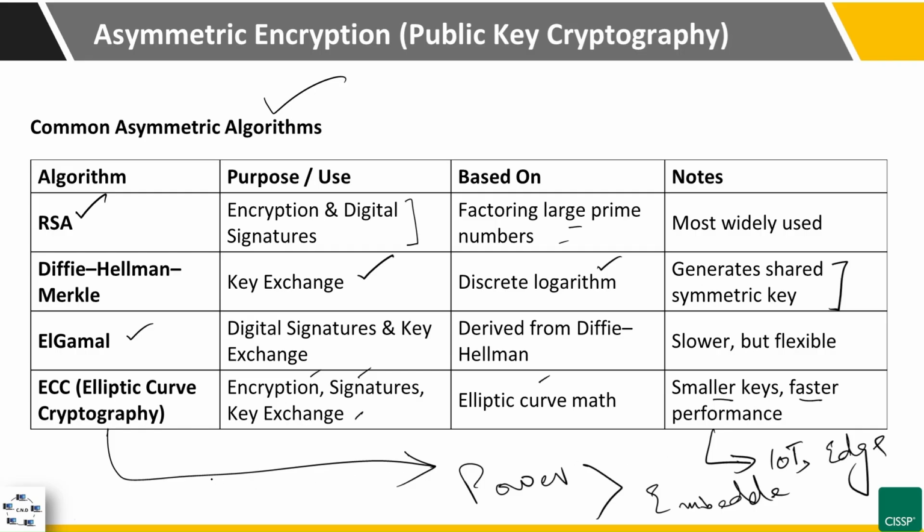This is an important point to keep in mind and to remember. If you come across a question in your exam and you are given, let's suppose, these 4 algorithms, and you are asked which algorithm would suit best for an IoT, edge, or embedded system, then your answer should be ECC, or elliptic curve cryptography.